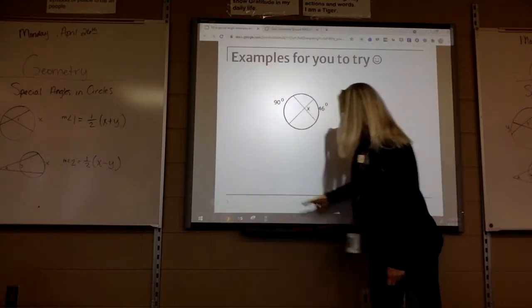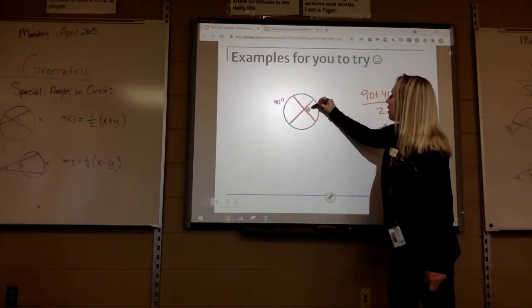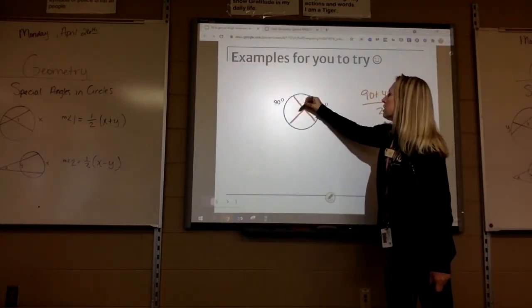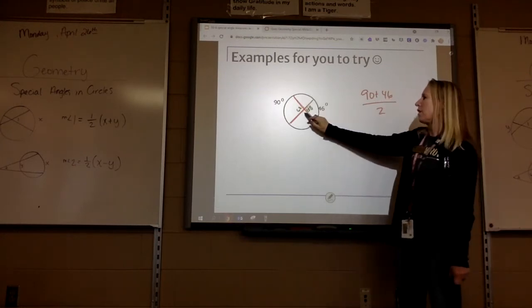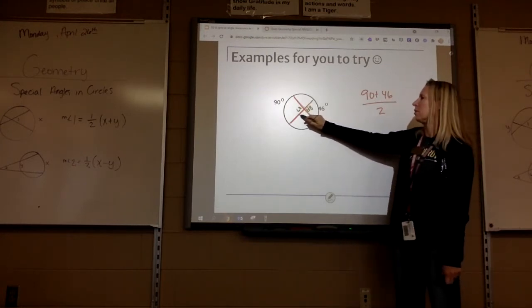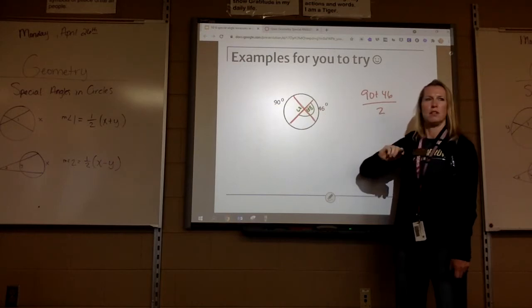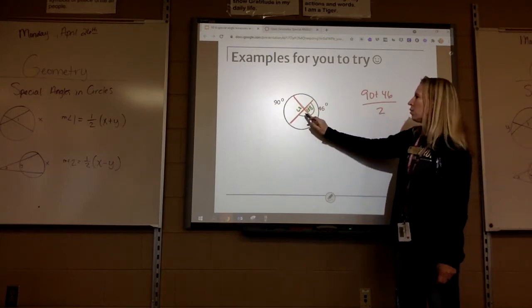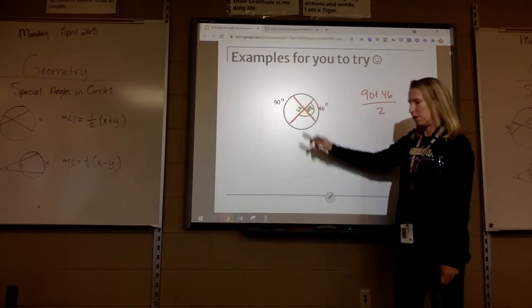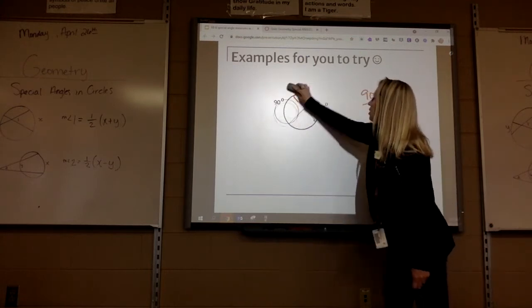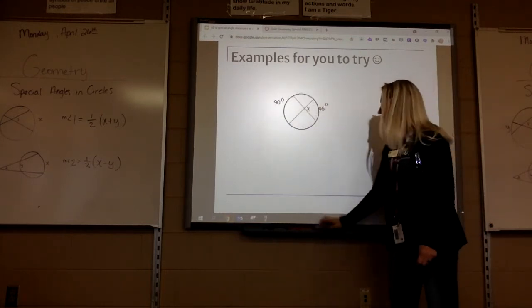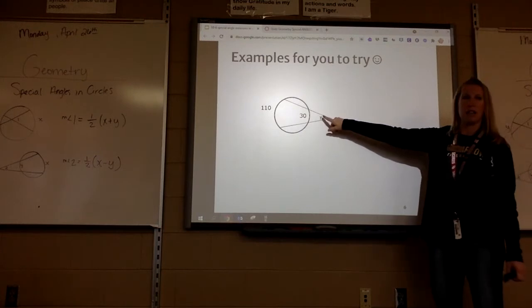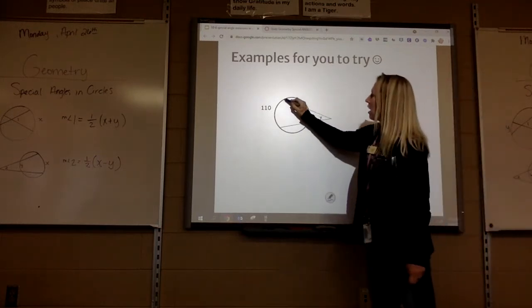You'll have some problems where this angle right here is 68. These two would be 68 because they're vertical. What if I had to find an angle down here? Do you remember what these two add up to? 180. So you will have some problems where you have to find the other angle. If the angle's on the inside, you add. If the angle's on the outside, you subtract.